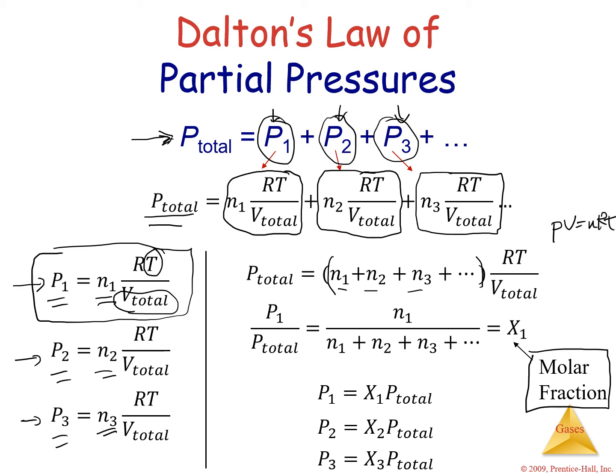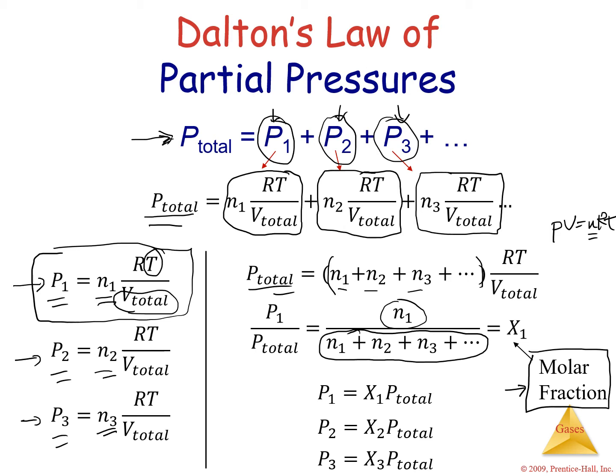Where, of course, the individual partial pressures of the compounds are summed up to get the total pressure. Notice that if I define something called the molar fraction, the formal definition would be the number of moles of one compound in the mixture, divided by the sum of all moles of the compounds in the mixture.